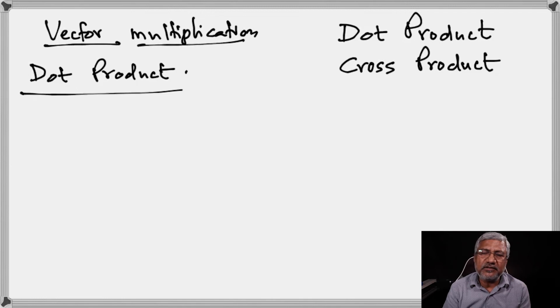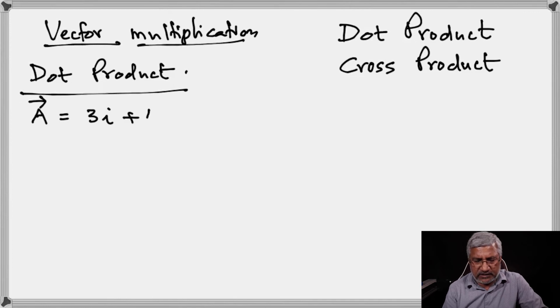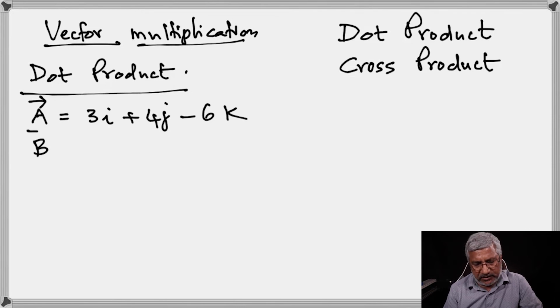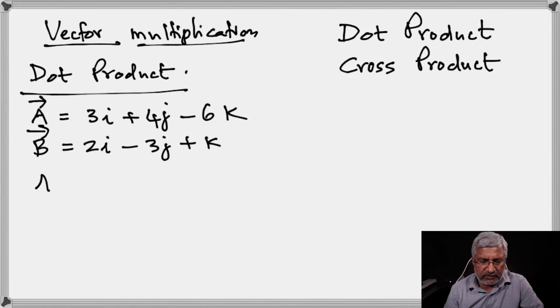Let's assume two vectors. Let's say that vector A is 3i plus 4j minus 6k. That's a vector. Vector B is 2i minus 3j plus k.